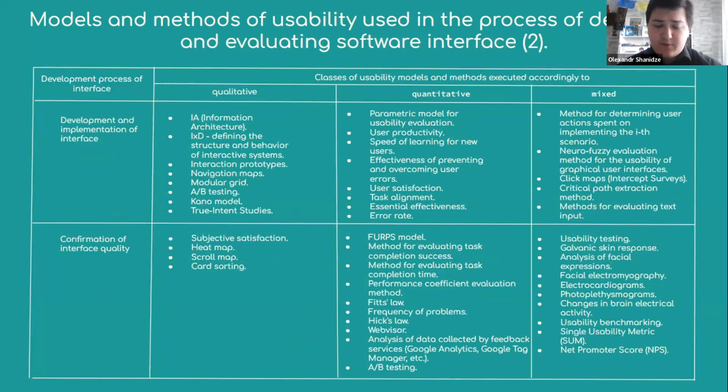In accordance with the above, we can conclude that each of the above technologies, as well as the selected models and metrics in one form or another, affects the assessment of interface quality factors.